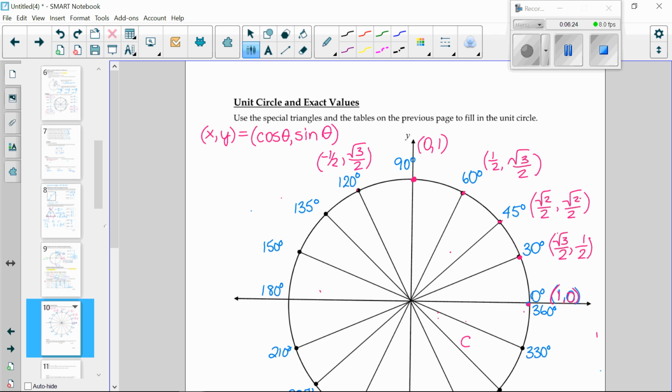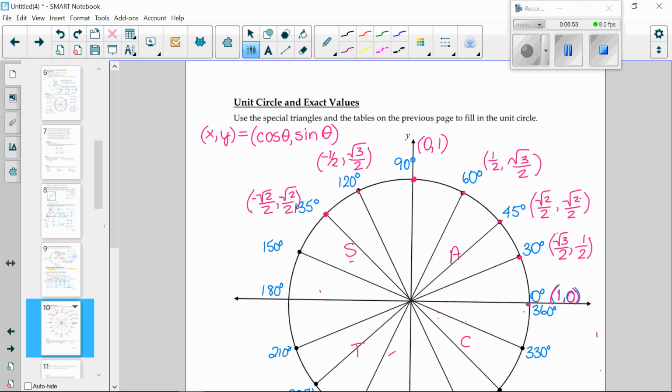So C, A, S, T. Well, in quadrant 2, remember that sine was positive. So that's another way to remember it, okay? So now 135 degrees is a reflection of 45 degrees. If it's reflected, that means it's negative root 2 over 2 and positive root 2 over 2.